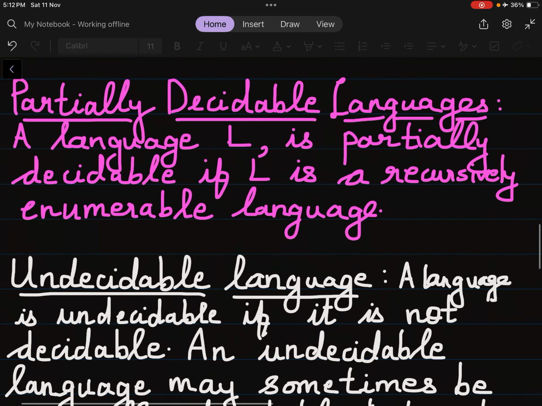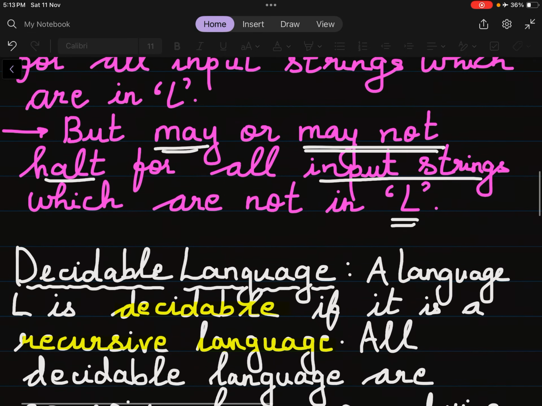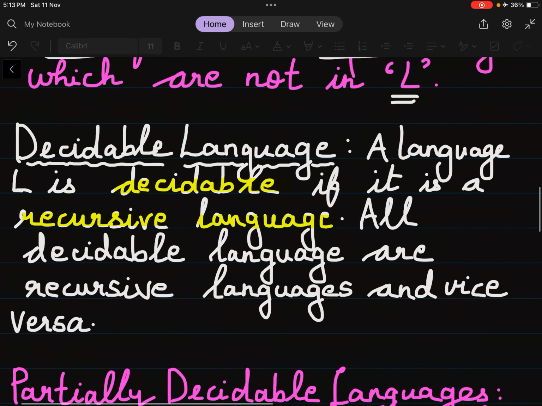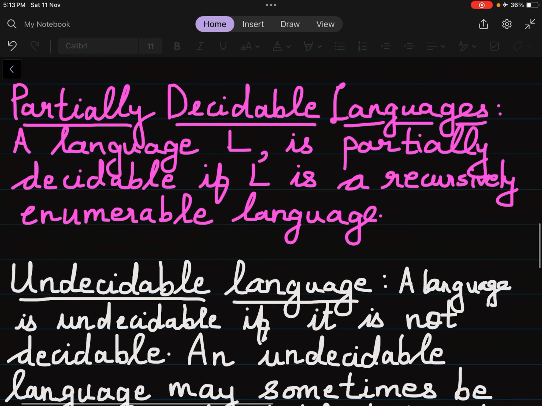Partially decidable language. A language L is partially decidable if L is a recursively enumerable language. So when it is a recursively enumerable language, that means the Turing machine will accept the string and halt, but may or may not halt for input strings which are not in L. So it can accept the string and halt, it can reject the string and halt, or it will never halt if the string is rejected.